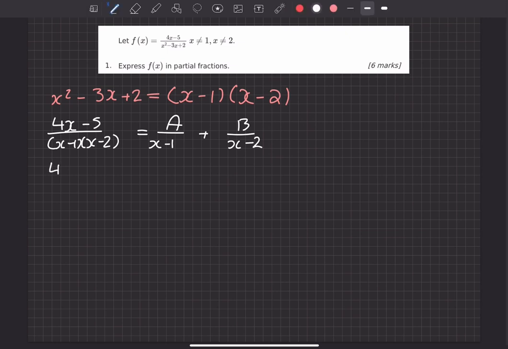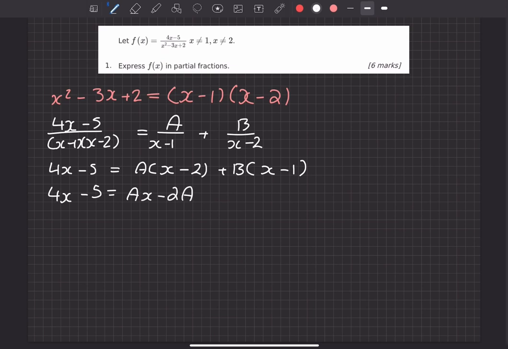So we'll have 4x minus 5 equals a multiplied by x minus 2 plus b multiplied by x minus 1, right? And what we can do next is we can expand. So we have 4x minus 5 equals ax minus 2a plus bx minus b, right?